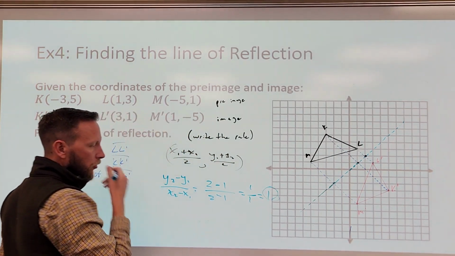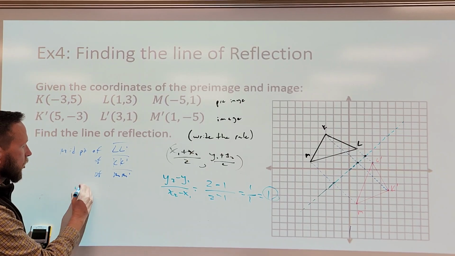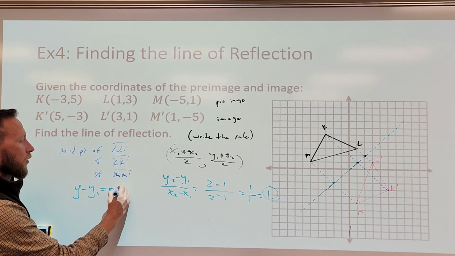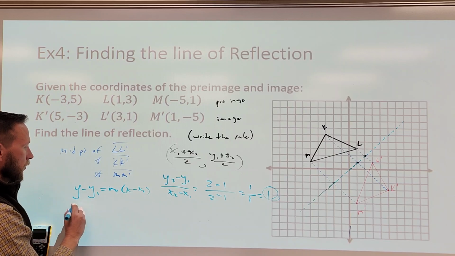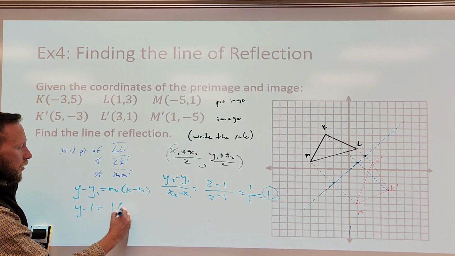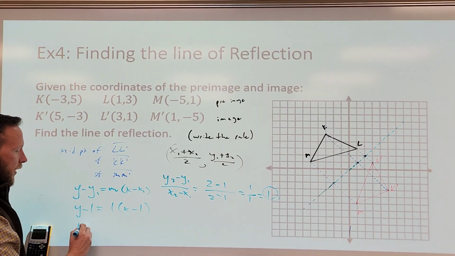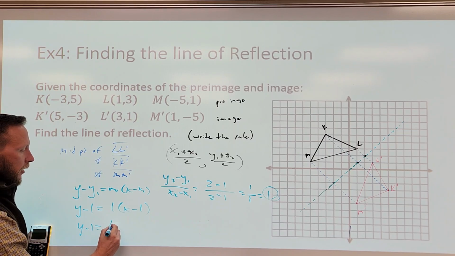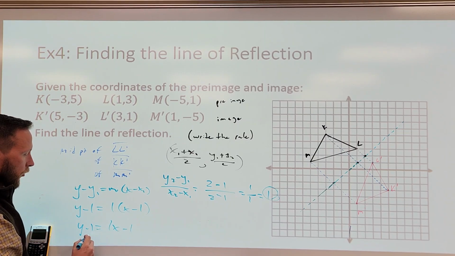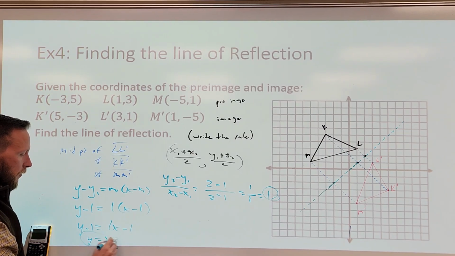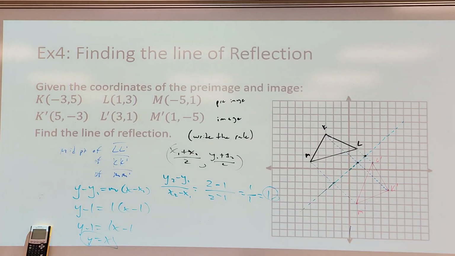So the slope is 1, but then I've got to use my point slope formula to find the equation of the line and find out that it is y equals x. All right? So the equation of that line is y equals x.